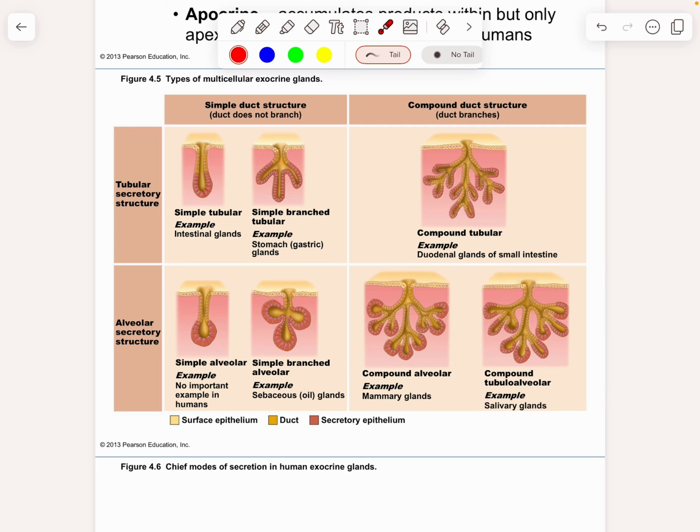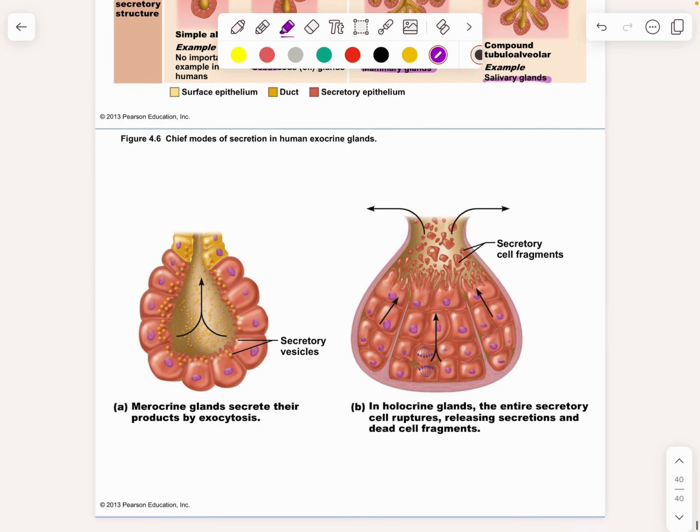So where are we finding all of these? Places like intestinal glands, stomach or gastric glands, right? They're releasing substances into the stomach to help with digestion. Some glands in the small intestine, oil glands, mammary glands that are releasing milk, salivary glands. So lots of subcategories here.